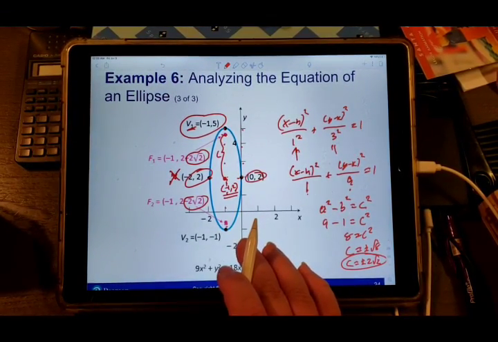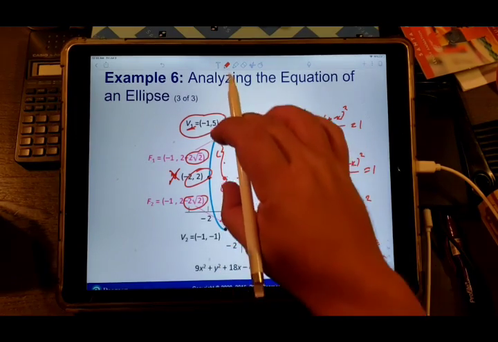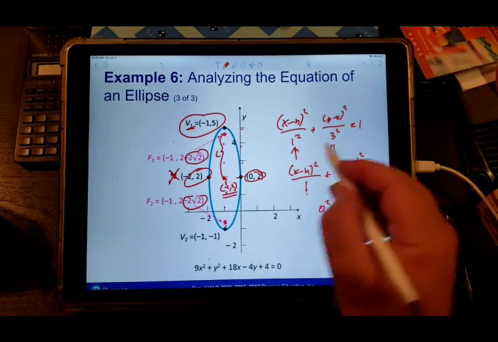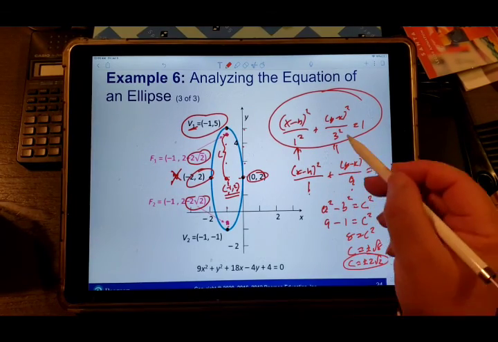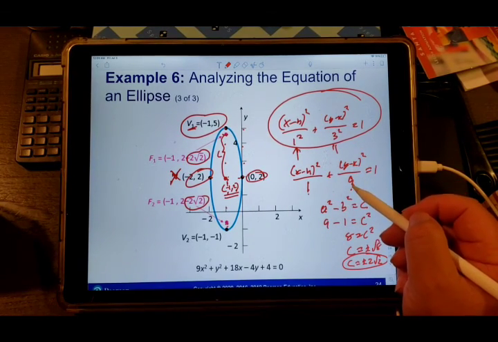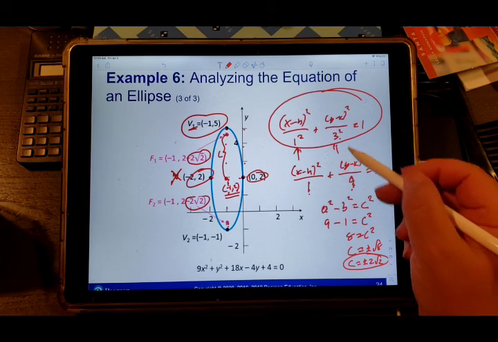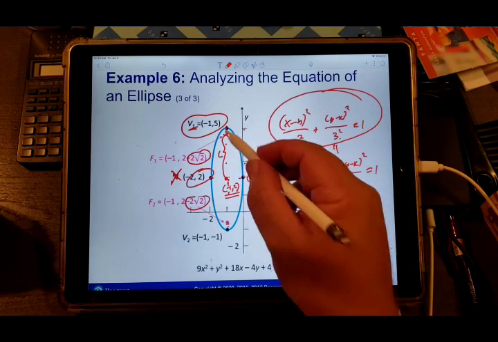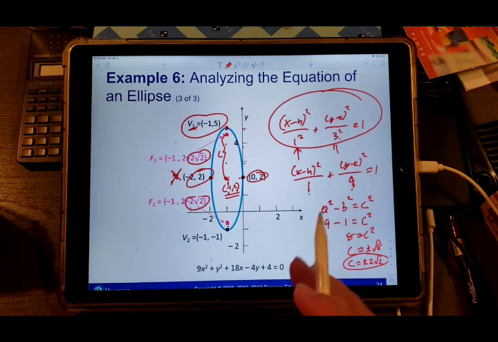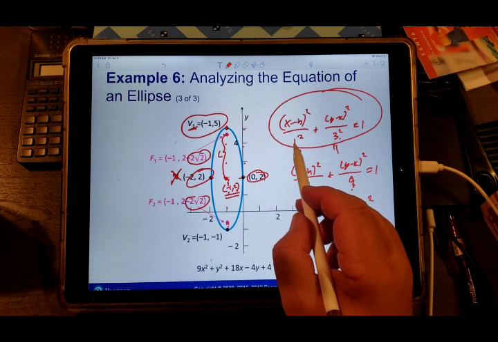So, A is never a surprise because it comes from the equation. It comes right out from the 9. This is a squared, so a is 3. So 3 in each direction. B is pretty clear.